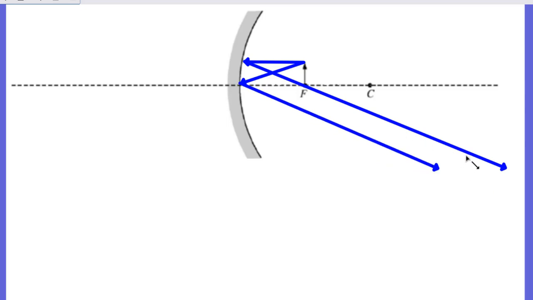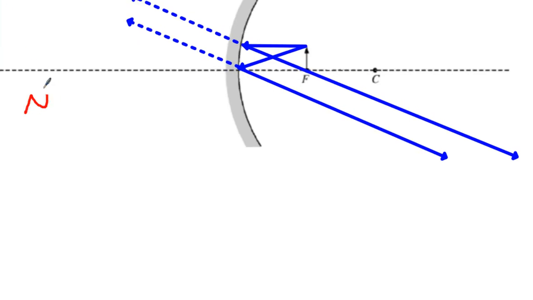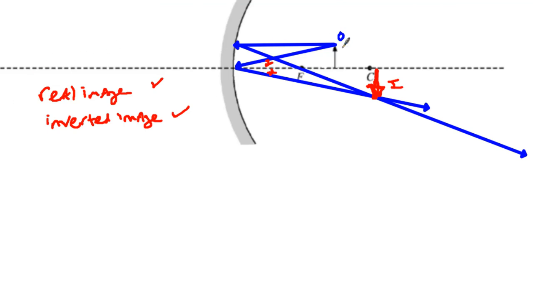Now take a look. Will these light rays ever meet up this way? No. Will these light rays ever meet up on the other side virtually? No. Which means the light rays are going to be parallel, which means what do I know about my image?